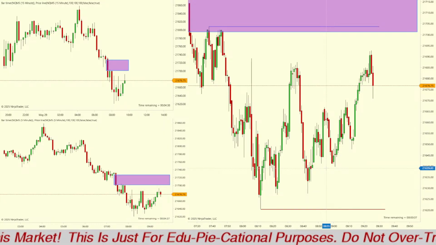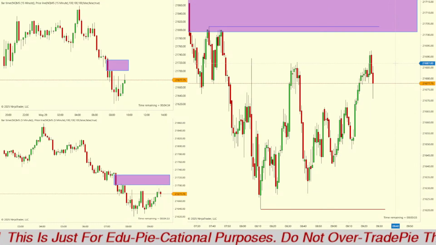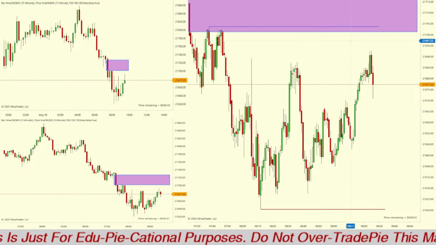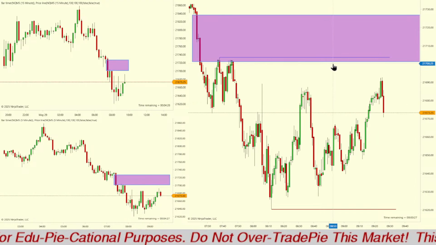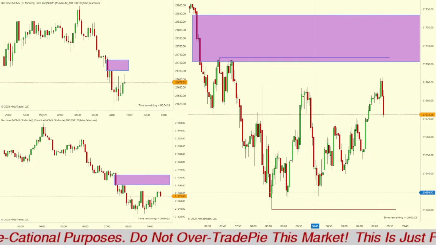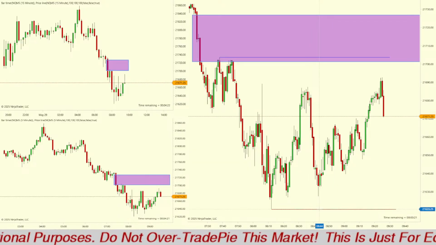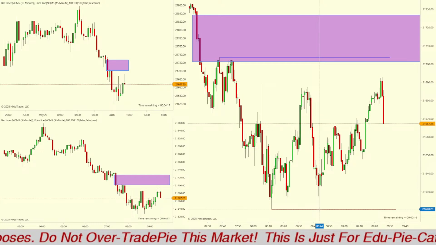Which liquidity is going to be purged, buy side or sell side? I guess they're going to attack the buy side liquidity first, and after that we will see a reaction to go lower, reaching this sell side liquidity over here at 21,620.